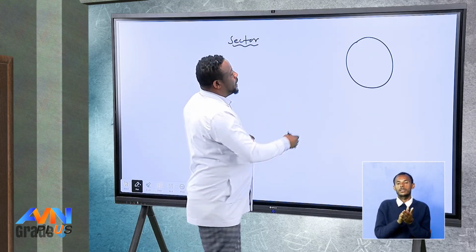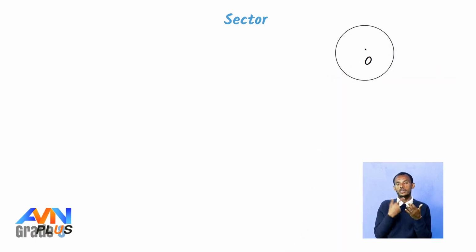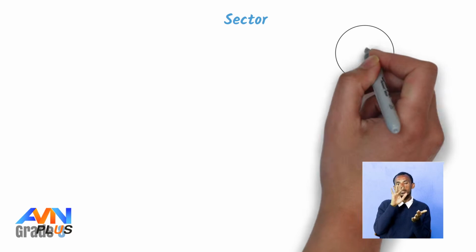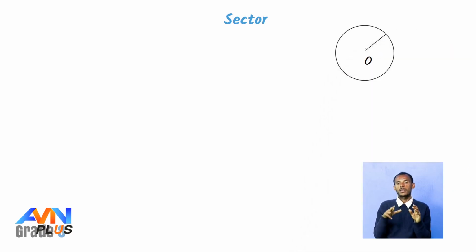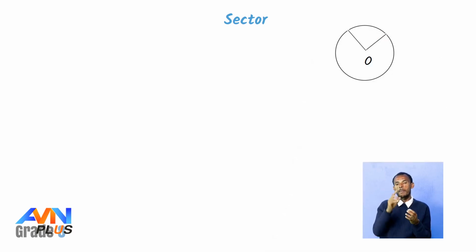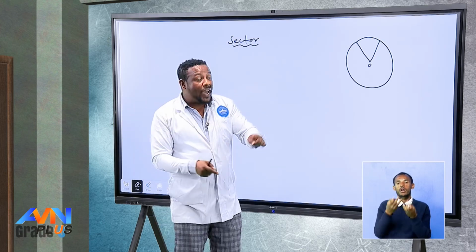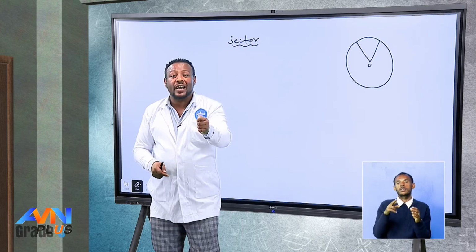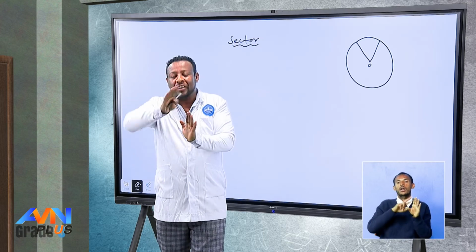What does it mean? For example, if you have this circle with center somewhere here, construct radii. Radii is the plural form of radius. If you have more than one radius, we call it radii. Now, a sector is defined as a region enclosed by two radii and an arc.